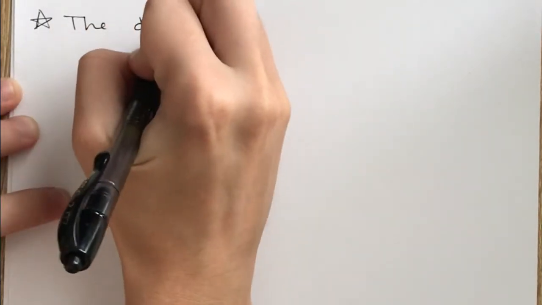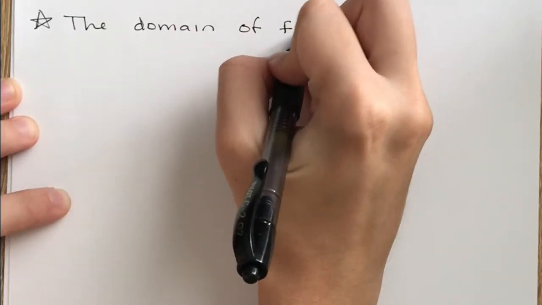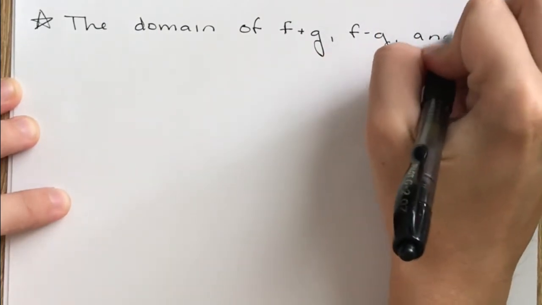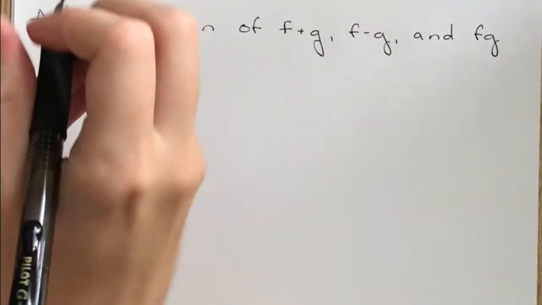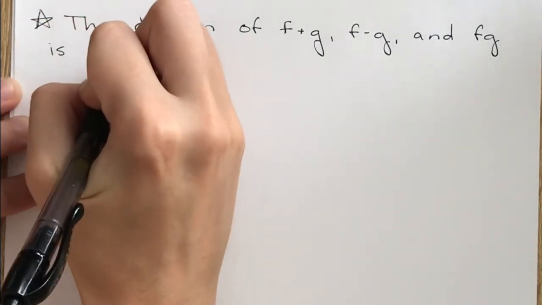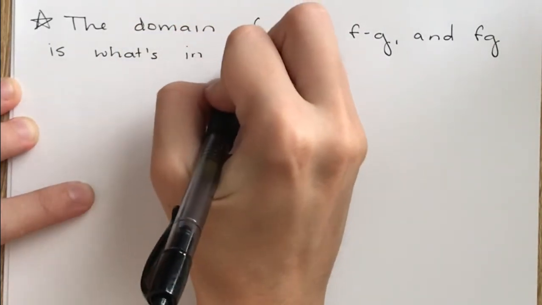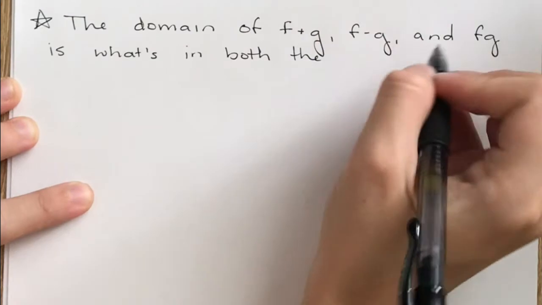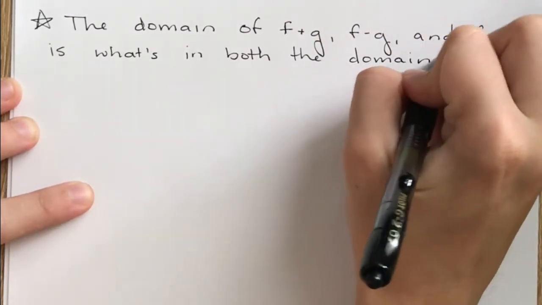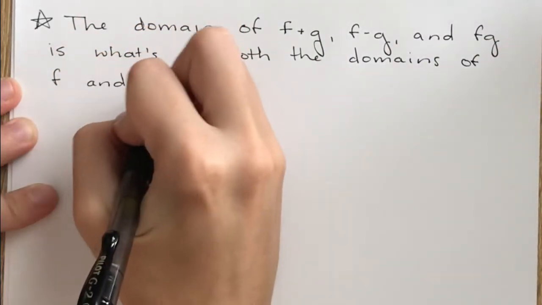The domain of f plus g, f minus g, and f times g is what's in both the domains of f and g.